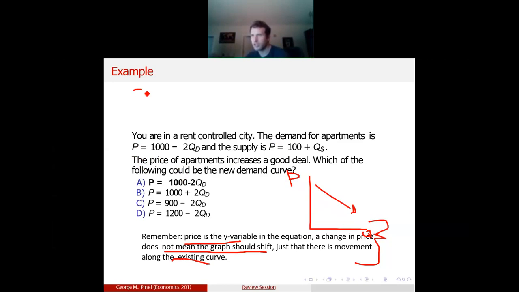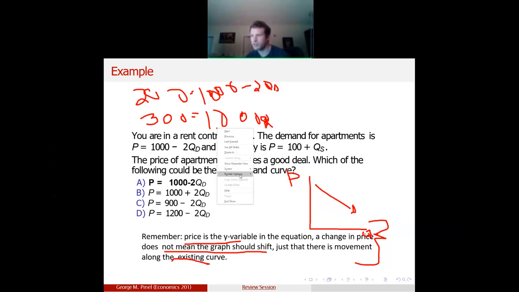So it could be 200 equals 1,000 minus 2Qd, sorry about the handwriting, and it goes up to 300 equals 1,000 minus 2Qd.